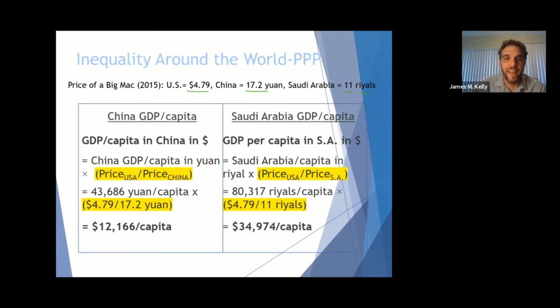Well, again, maintaining that we're going to have dollars over yen as our conversion, we're going to take the price in the US compared to the price of a Big Mac in China, and we're going to multiply that by what China's GDP per person is in the domestic currency to find what GDP per capita is going to be in dollars.